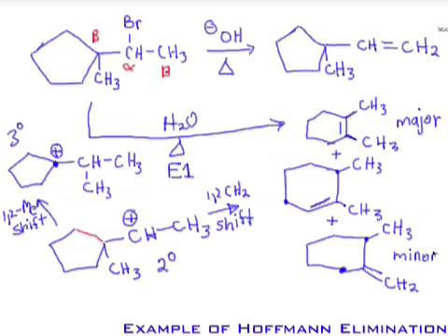The next examples in our elimination reactions are special situations, special reactions, where the normal rules of Zaitsev elimination apply and the product that you would expect to be major is not. Let's look at these 2 examples as we close our scribblecast on elimination reactions.